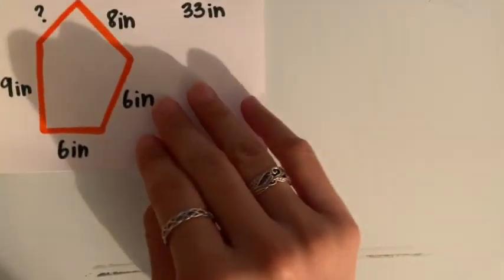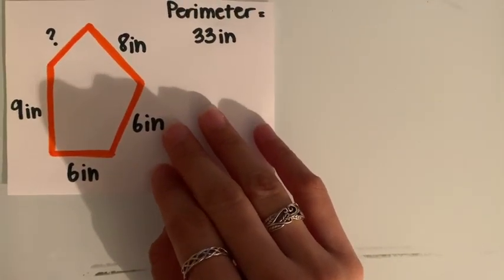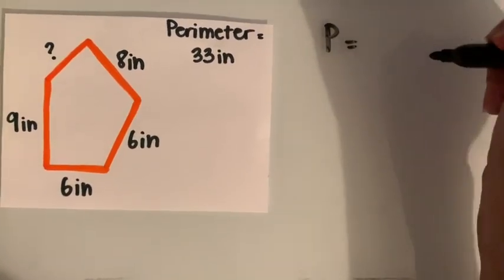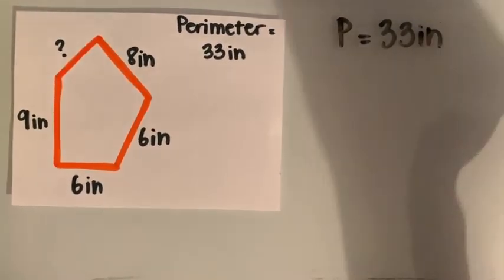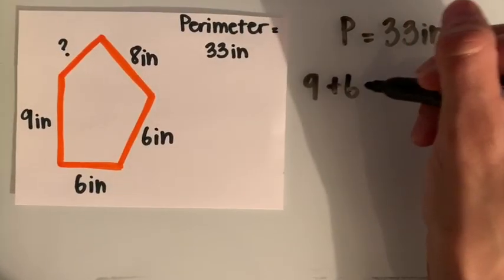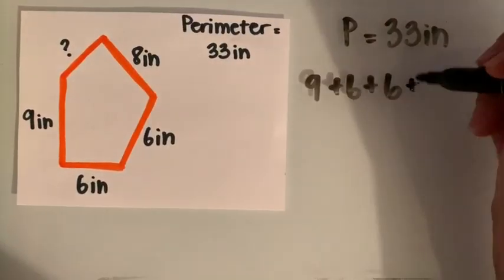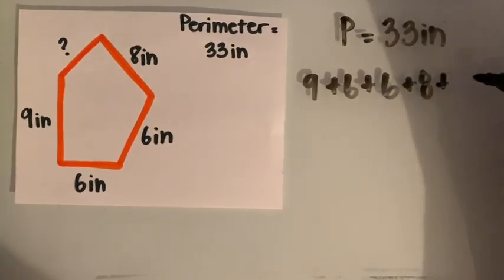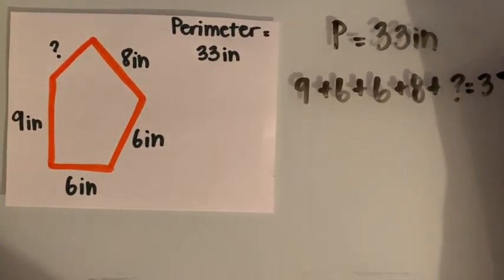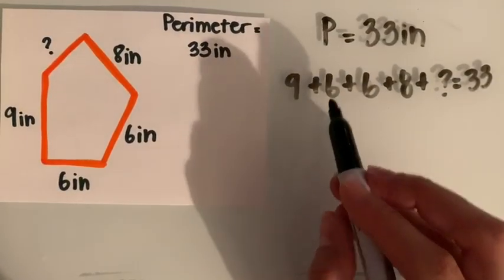For our next example, we have this figure here. And again, we're missing one side. We're finding the perimeter, which is all of the outside. And our perimeter is given, so it is 33 inches. We start by adding all of the other sides, 9 plus 6 plus 6 plus 8 plus question mark, which is what we don't know yet.